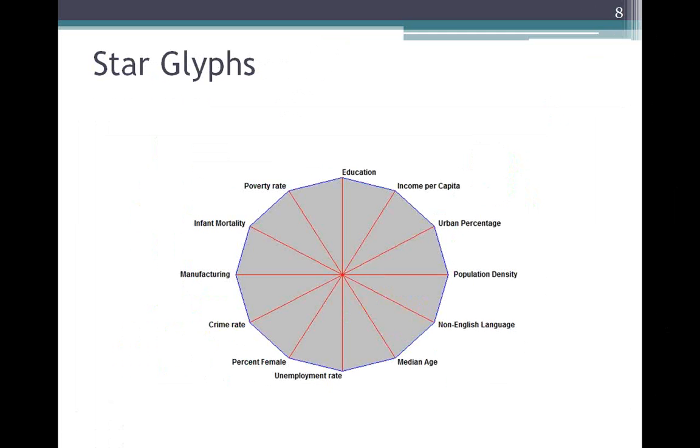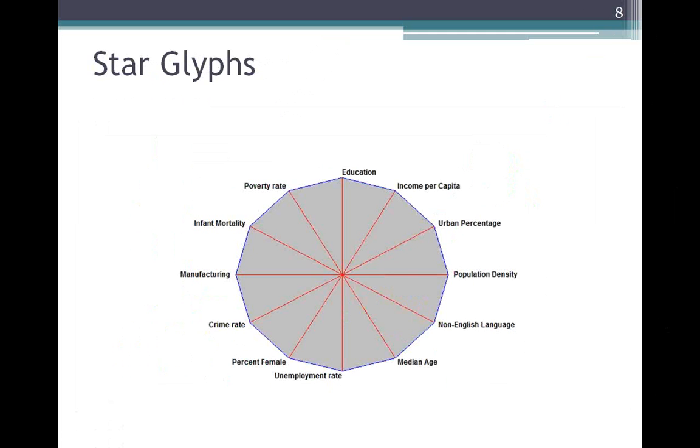The star glyph is a graphical representation of multivariate data on a case-by-case basis. So in a moment I'm going to go to Statgraphics and generate a star glyph for each of the 50 states to demonstrate the value of those 12 variables.